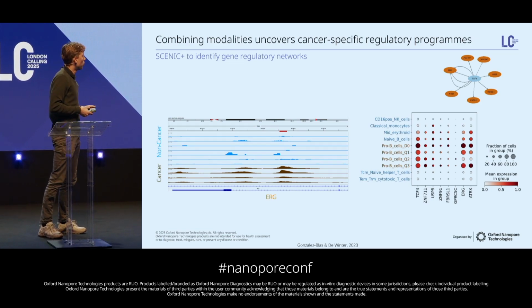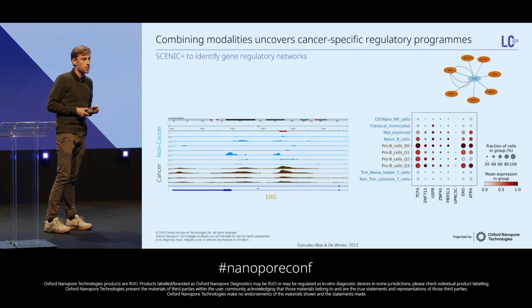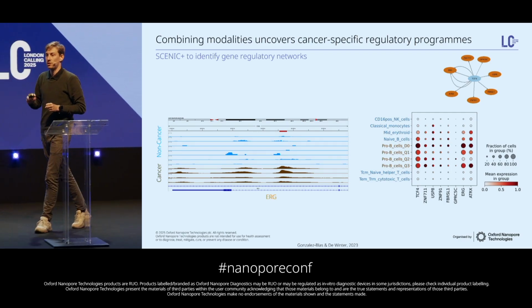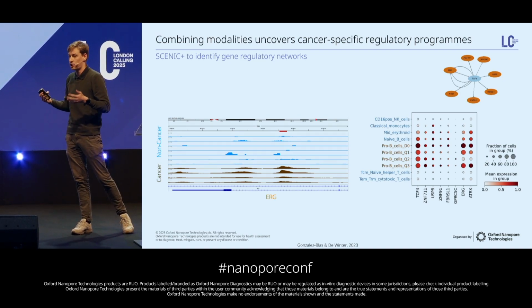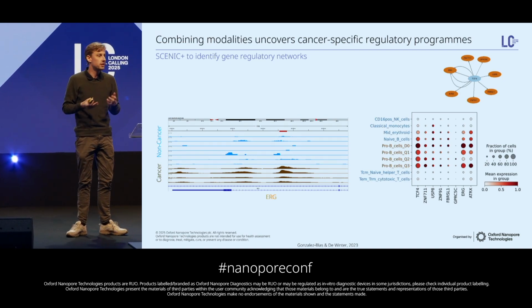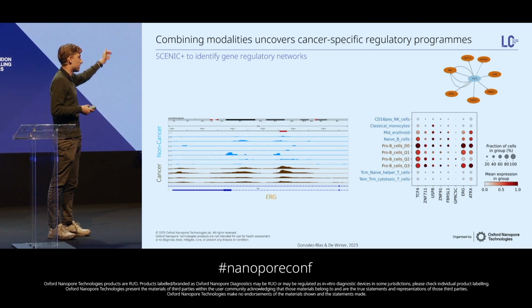We find that ERK is regulated by the transcription factor TCF4. And it's nice to see, when you look at the expression, that this is truly a cancer-specific regulatory program, as only these cells have expression of ERK and TCF4.